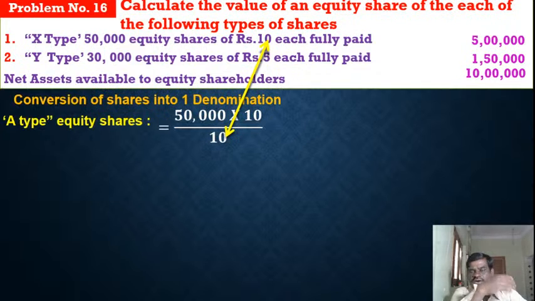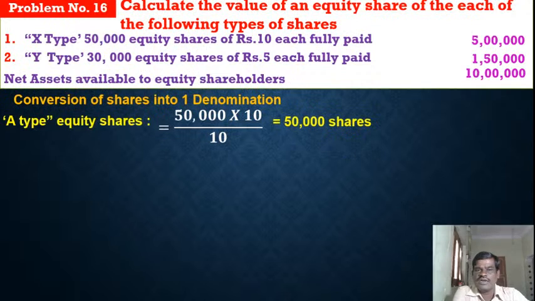Okay, now we are converting 10 into 10. 50,000 because in A type of share the face value is 10. That's why I have taken rupees 10. 50,000 shares into 10 divided by 10. What are the number of equity shares? You will get the same answer, 50,000 shares.